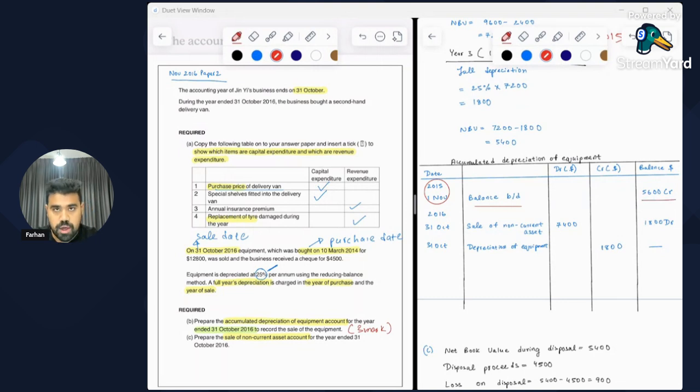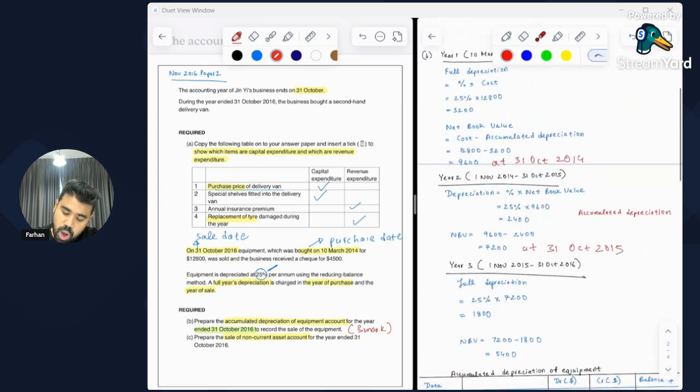Now you may wonder, where did we get this 5,600 from? This 5,600 is the opening balance that we have on 1 November 2015. So let's scroll back up. 1 November 2015 starts in year 3, and in years 1 and 2, we had depreciation calculations involved. So we want to find the accumulated depreciation that we have calculated in total for years 1 and 2. How do we do that?